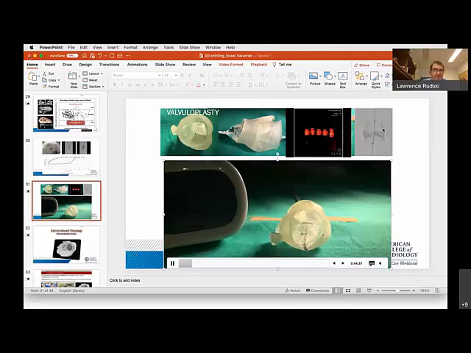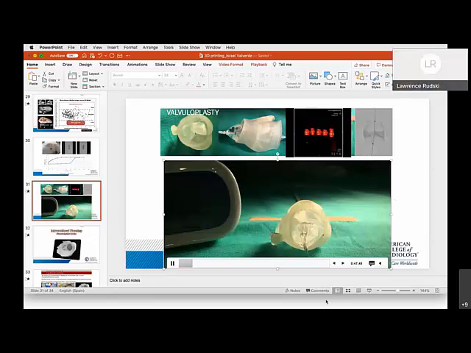Yeah, that's a great question. The main limiting factors with 3D printing and virtual implants are the time required and the expertise required to do a 3D model like this. There are many different steps involved.